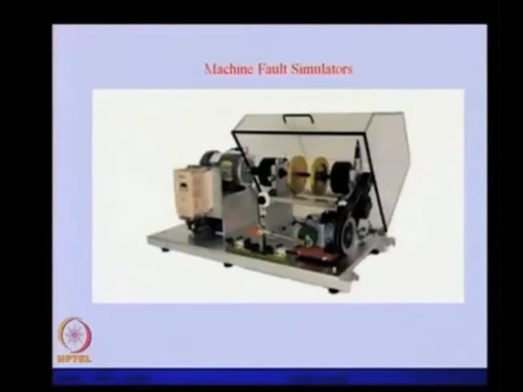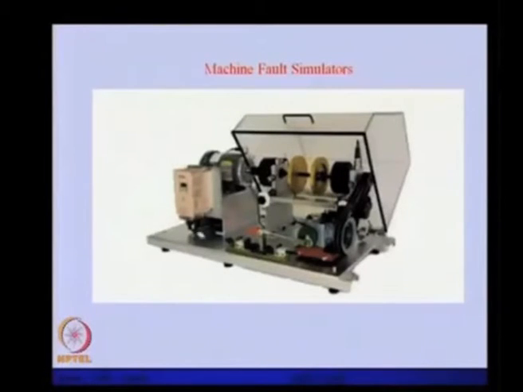So, various kinds of machine components we can design and fabricate, and if you want to see the signature analysis of various kinds of faults, we can introduce them in this, and capture them in isolation from other kinds of faults, so that we can study a particular fault more deeply, like even various kinds of faults in the motor, either a mechanical fault of the motor or an electrical fault of the motor, that we can study.